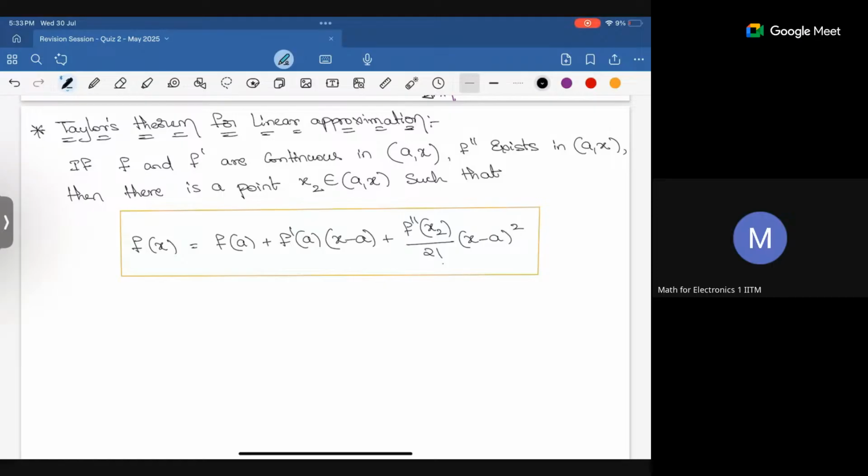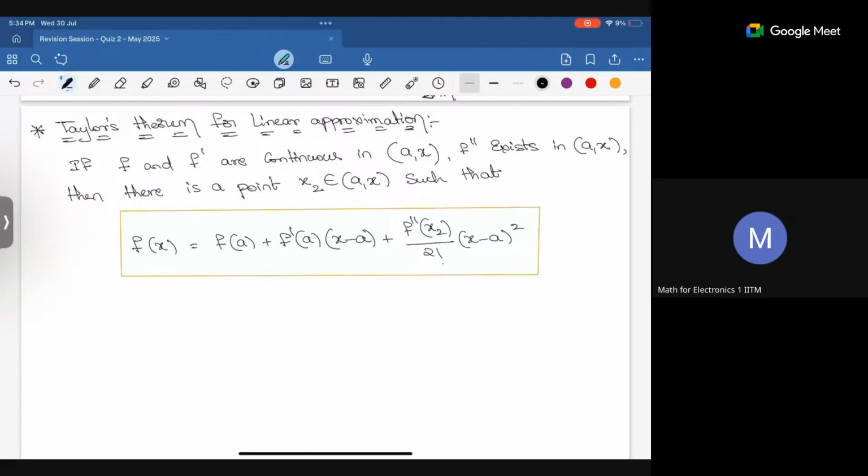So for quiz 2, practice problems related to linear approximation and quadratic approximation at most. Don't sit on solving Taylor's theorem for sixth degree or seventh degree. Okay.